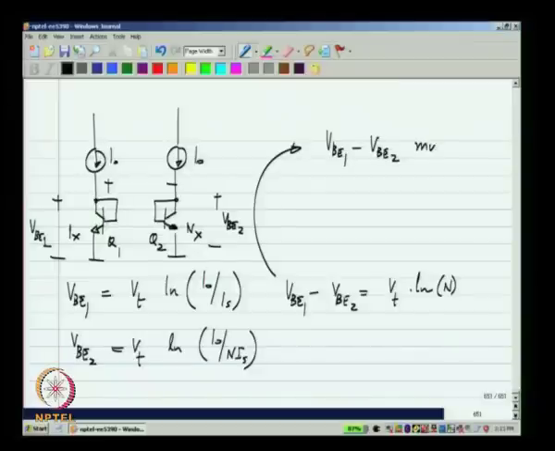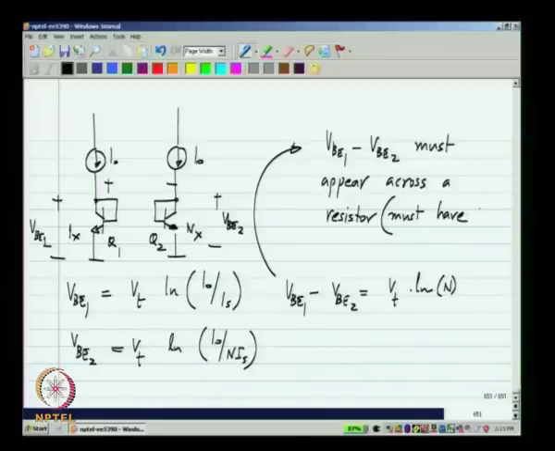VB1 minus VB2 must appear across a resistor, okay, and obviously the resistor must have 0 temperature coefficient, okay, that is it must be independent of temperature. That of course will not be realizable exactly, but we should try and have a resistor which has a very low temperature coefficient. Now, how do we do this?